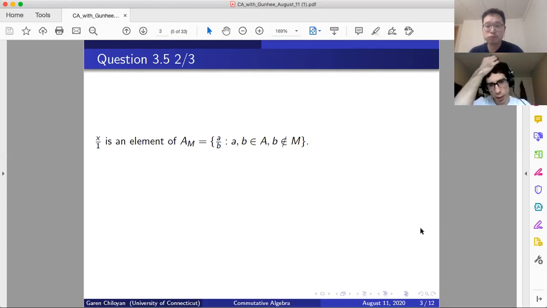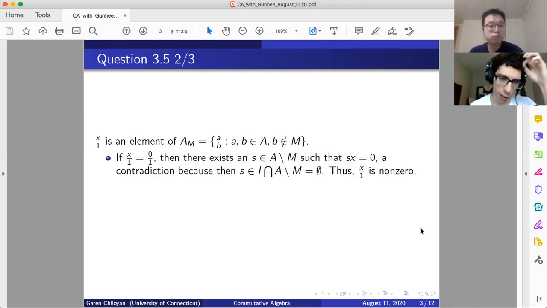If we localize the ring A at the prime ideal M, you'll have a ring of fractions of the form A over B, where A and B are elements of A, but B is not an element of M. You have to be careful of that. Note that X over 1 is an element of A localized at M. I claim this X over 1 is a non-zero nilpotent element.